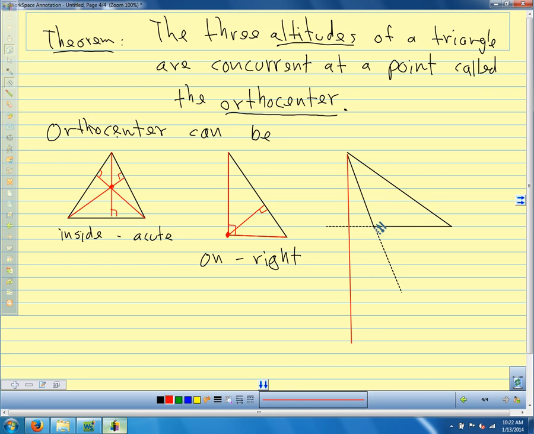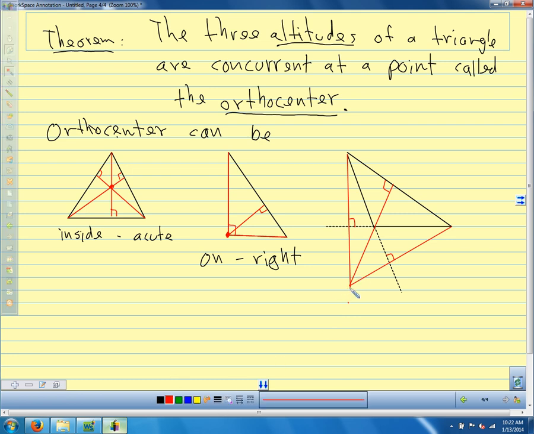There's the altitude to one side. There's the altitude through the vertex to the other side, and then to our third side would be right here. And then these would be our 90-degree angles. Make this a little shorter.